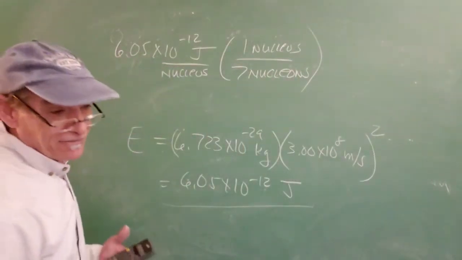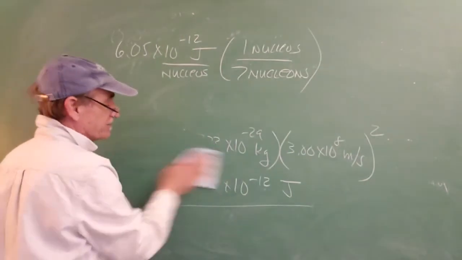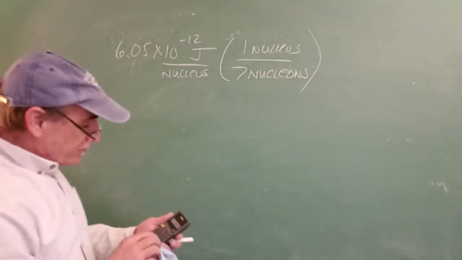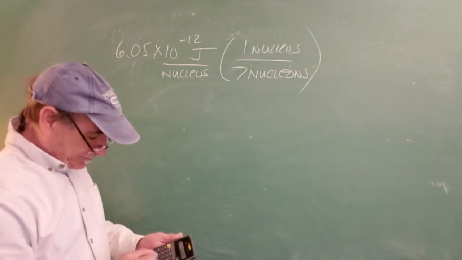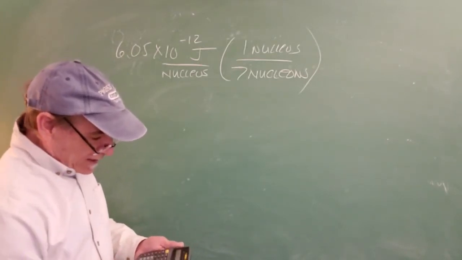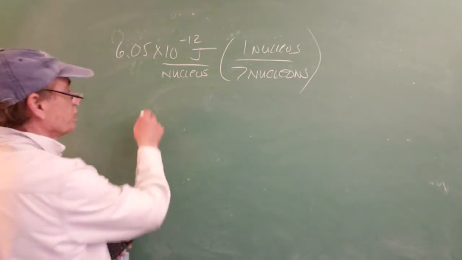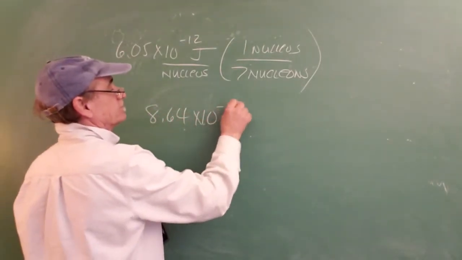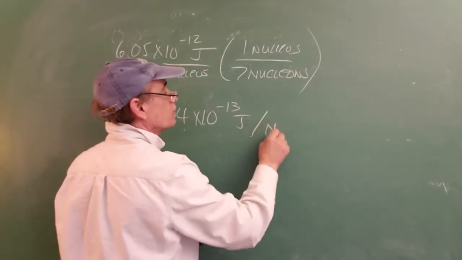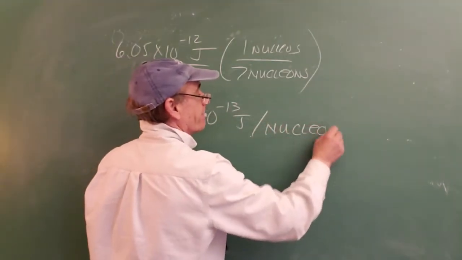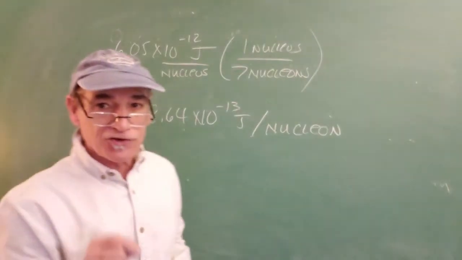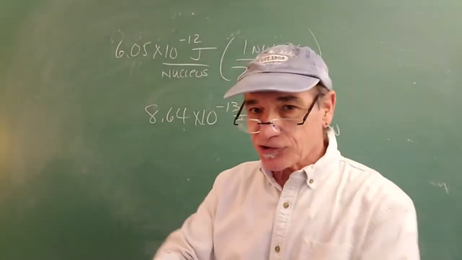It had 7 nucleons, 3 protons, 4 neutrons. So if we divide that number by 7, we end up with 8.64 times 10 to the minus 13 joules per nucleon. So that's how much each proton and each neutron shares of the binding energy.